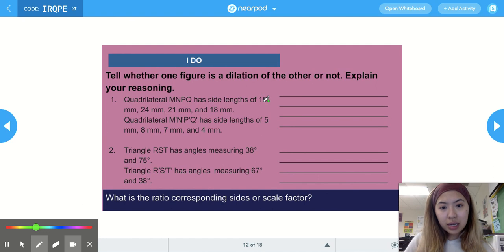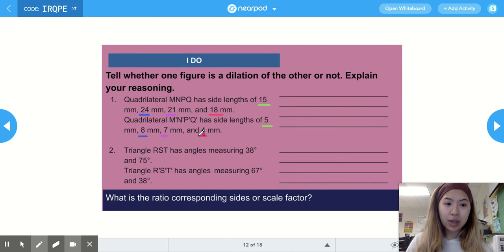So 15 divided by 5 is 3. 24 divided by 8 is 3. 21 divided by 7 is 3, so far it's looking good. And 18 divided by 4 is not 3.